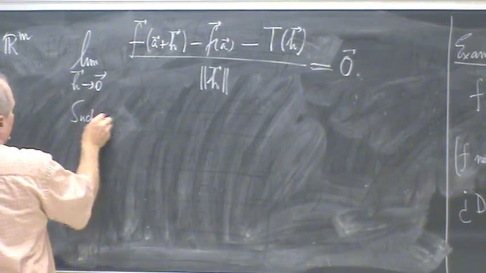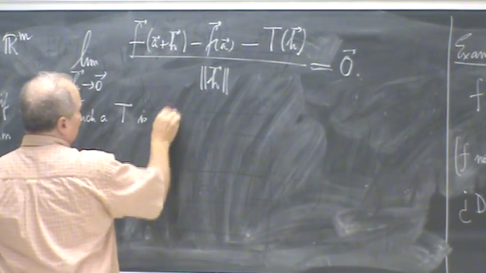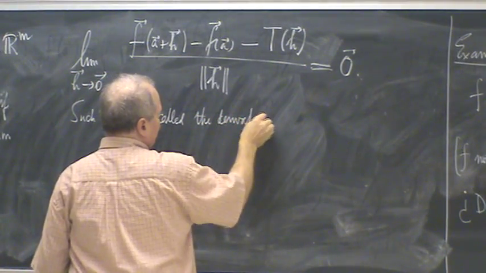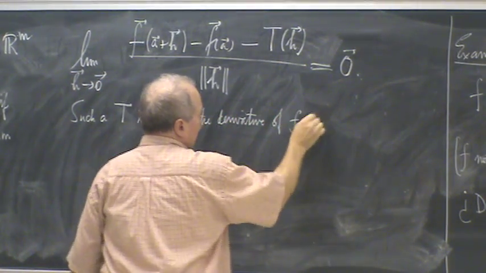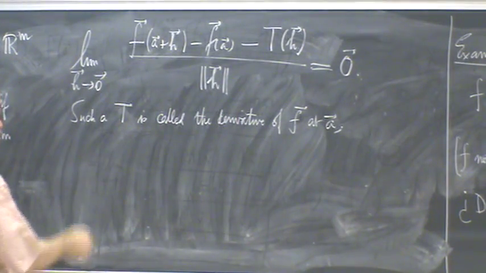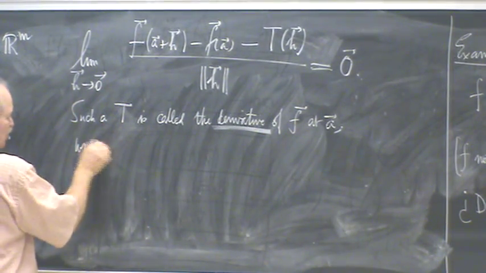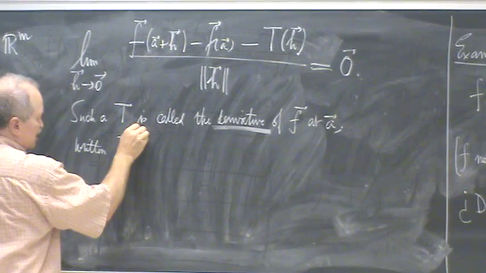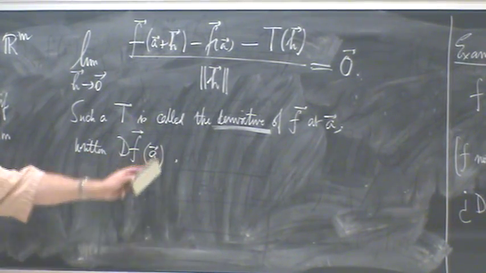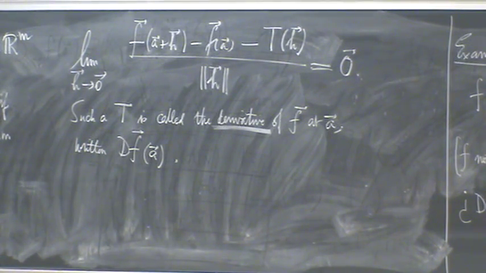Such a T is called the derivative of f at a, written with the notation we use all year, df at a.